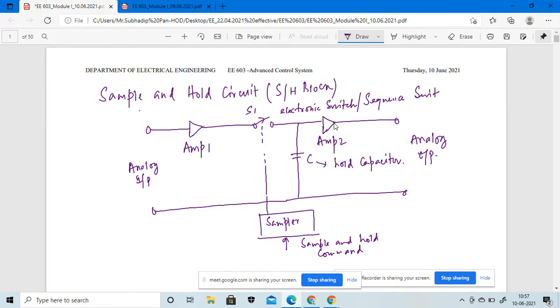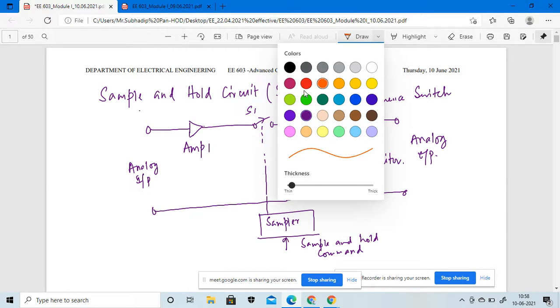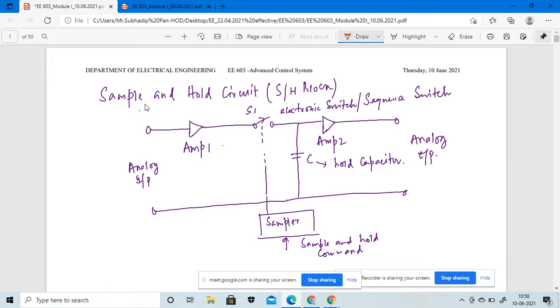In this figure we will see there are two operational amplifiers we are using: the first operational amplifier, amplifier 1, and amplifier 2.